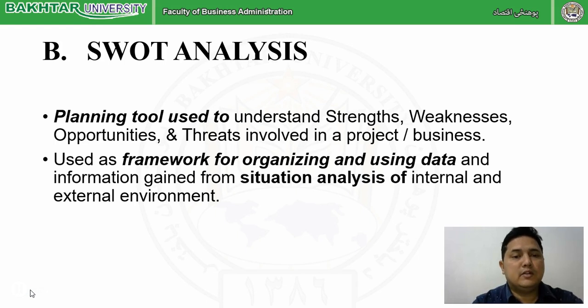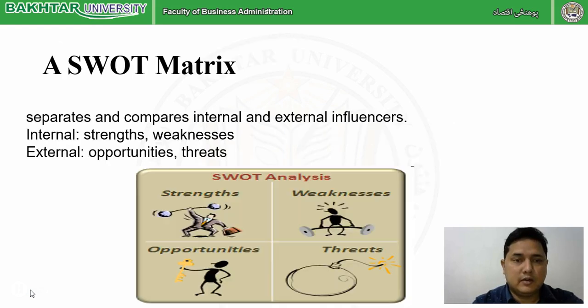As our weakness increases, our threats increase. So we have to work on our strengths to get more opportunities, and decrease the weaknesses to decrease the threats. This is the basic meaning of SWOT analysis. I hope you understood this since your first semester.